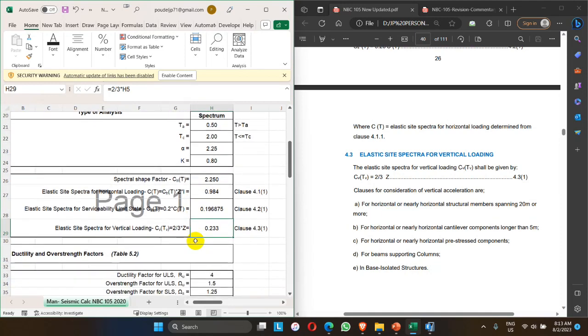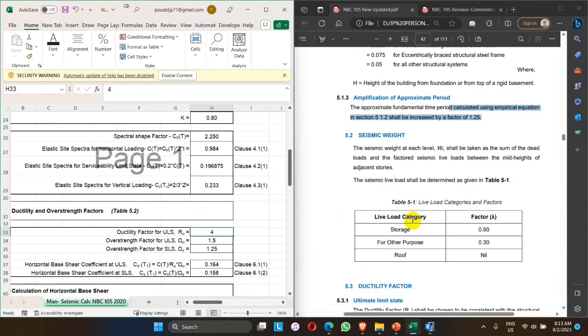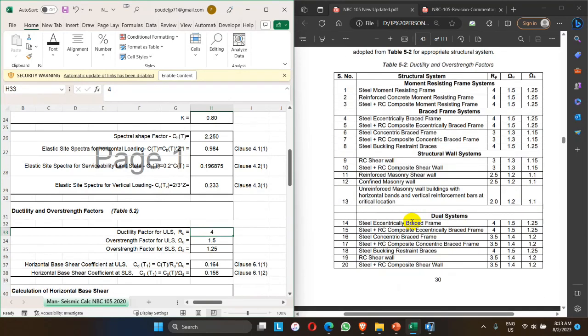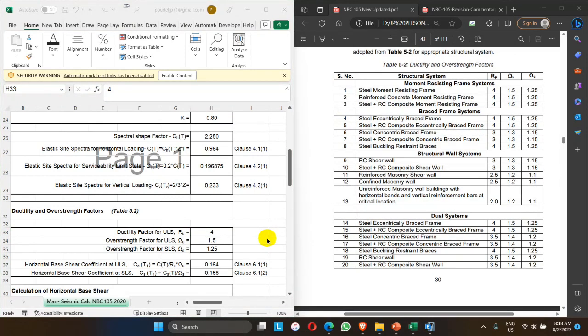So after this, let me go to the ductility and overstrength factor. For this factor, let me go to table 5.2. Here are the ductility and overstrength factors for ultimate limit state and serviceability limit state. So I considered my structure as a dual structural system, composed of moment frame and coupled shear wall with a coupling beam.